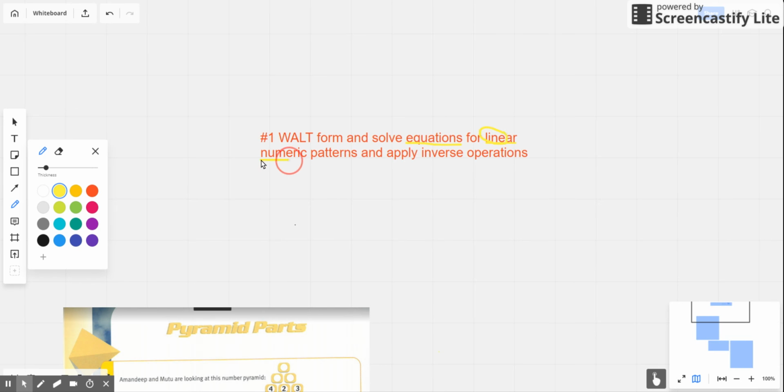And then numeric patterns are number patterns, okay? Numeric coming from numeral, the word for number. So the number patterns in a line, so 3 plus 4 plus 7 is all in one line, okay? Then, so we're looking at forming equations that sit on a line and involve numbers and patterns.